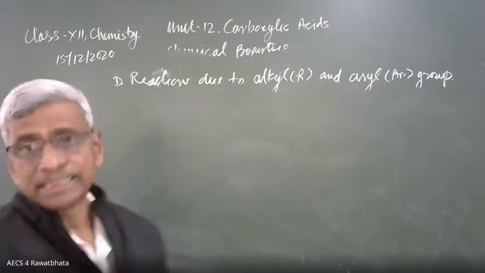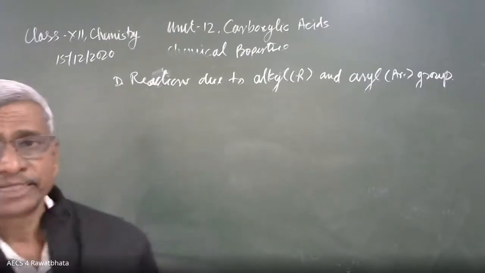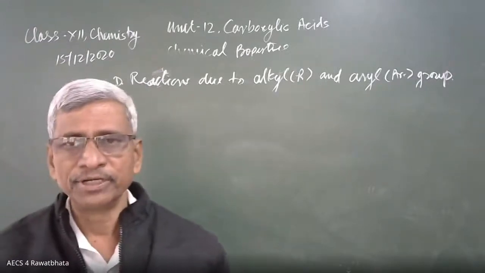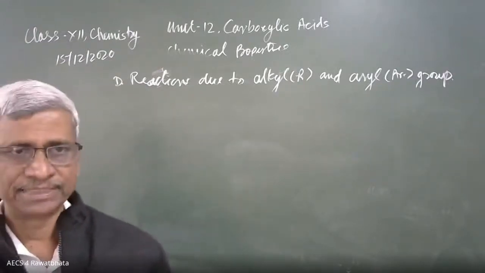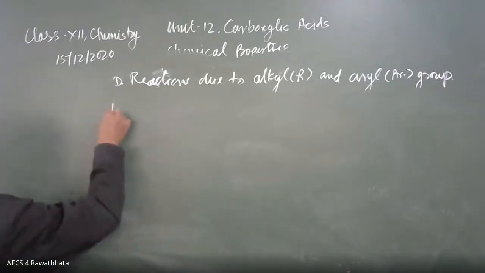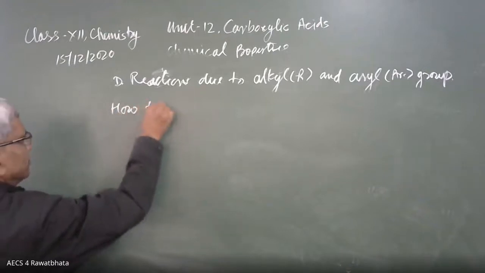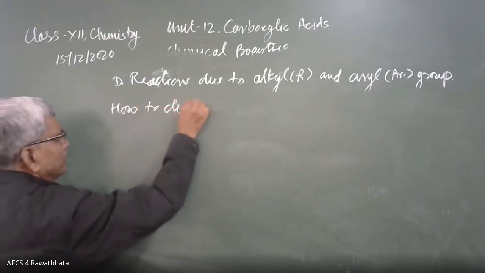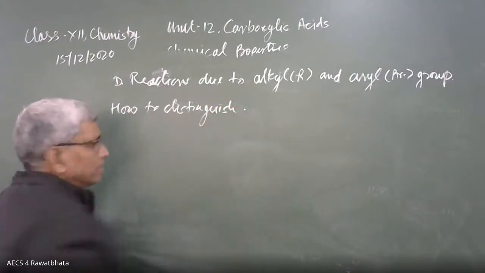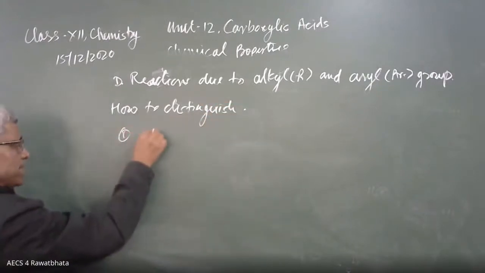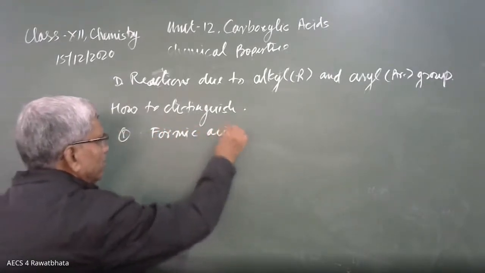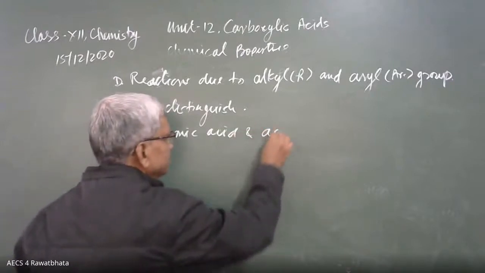Some distinction tests. Distinction tests are not that important, but one pair is important: acetic acid and formic acid. How to distinguish? The one pair is formic acid and acetic acid.